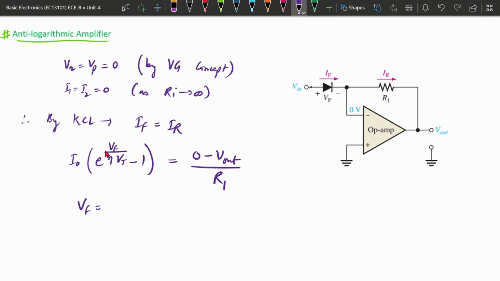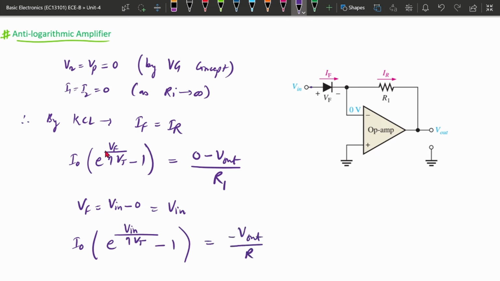This voltage is the input voltage minus this terminal, that is the terminal connected to Vn, which is 0. So the forward voltage is nothing but V input. Now we put the value of forward voltage here. So it will be V input divided by neta Vt, minus 1, equals minus V output divided by R1.